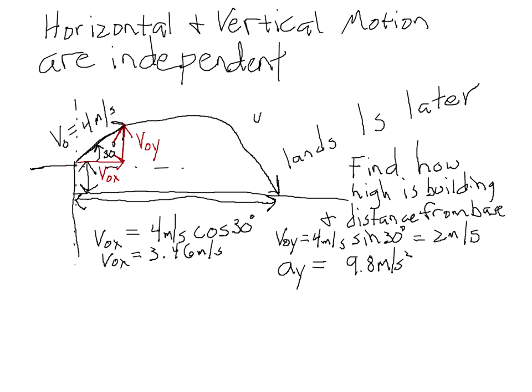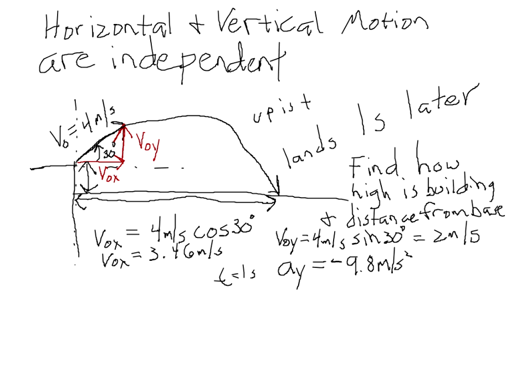And assuming that we're going to let up be positive as our sign choice, then that means the acceleration due to gravity is going to be negative, so we'll make it negative. Okay. So we know v0y, we know ay, the acceleration in the y direction, and we know time. Time is 1 second.